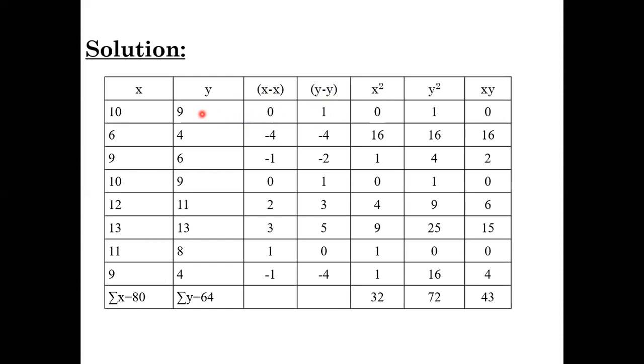For example, 9 minus 9 is 0, 9 minus 8 is 1, 4 minus 8 is minus 4, 6 minus 8 is minus 2, 9 minus 8 is 1, 11 minus 8 is 3, 13 minus 8 is 5, 8 minus 8 is 0, 4 minus 8 is minus 4. So these are the y values.